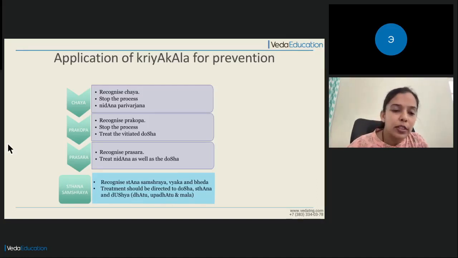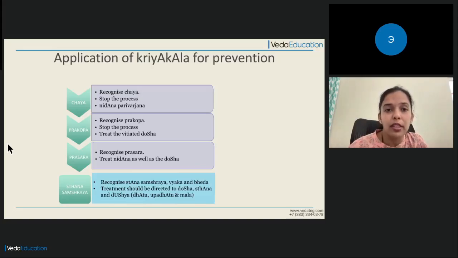And the next stage is Prasara. Now in the given example, in the context of the GI tract, there was a stage where it was bloated and heavy, and now it is probably giving you heartburn, reflux, or the whole body feels a little dull and stiff, or there are aches and pains here and there.